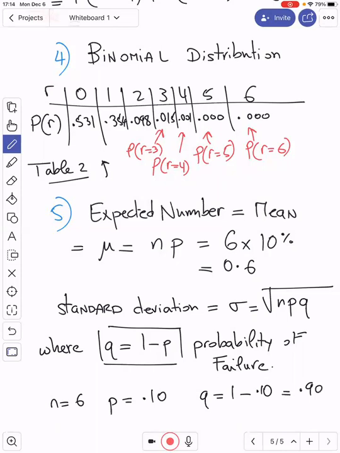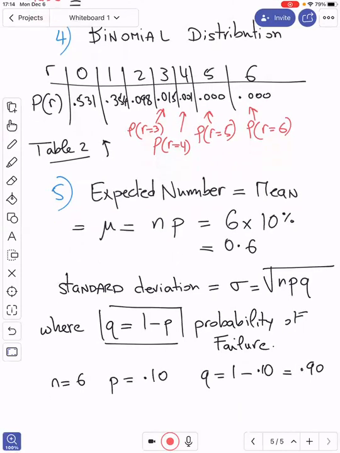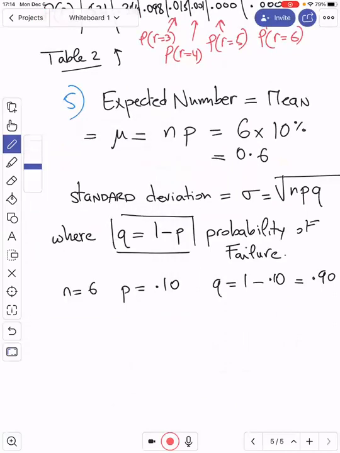Right, so sigma, that's square root of 6 times 0.10 times 0.90.